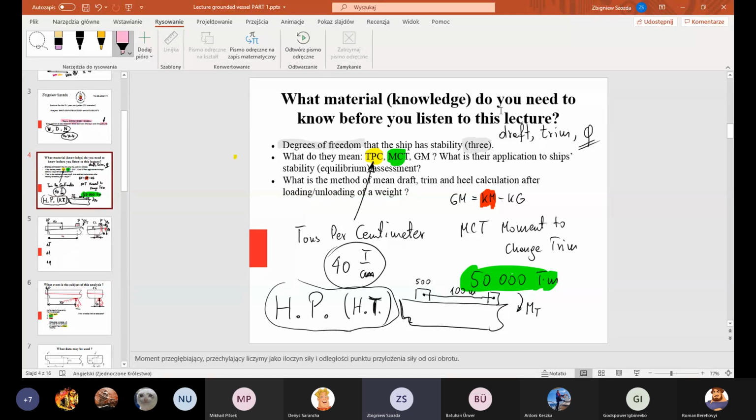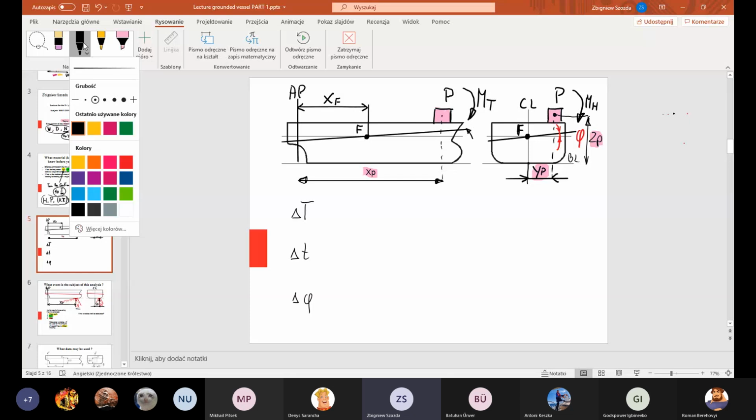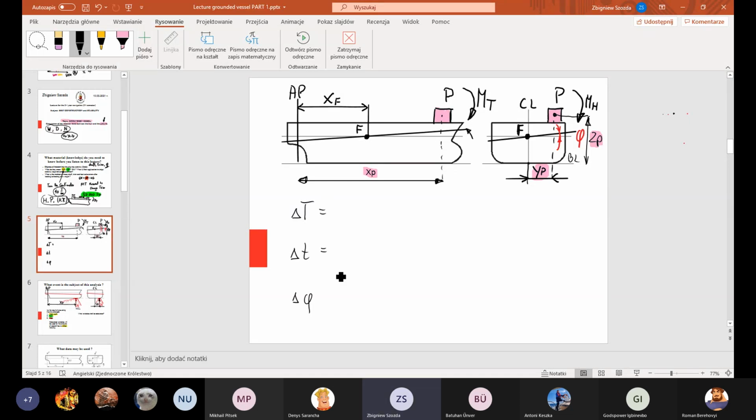Okay, and now I want you to provide me the method of calculation of change of mean draft, change of trim, and change of heel if additional weight P has been loaded in known position XP, YP, and ZP.